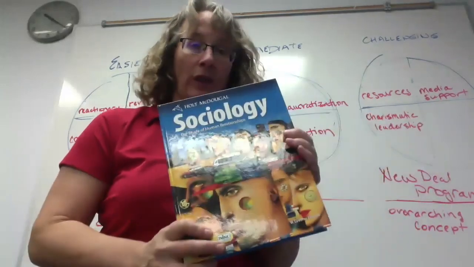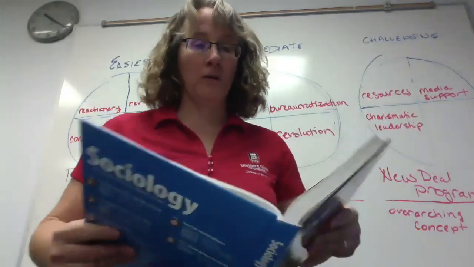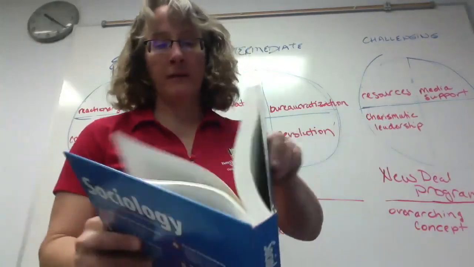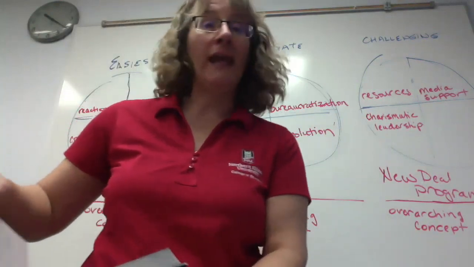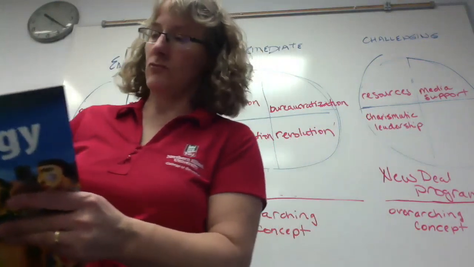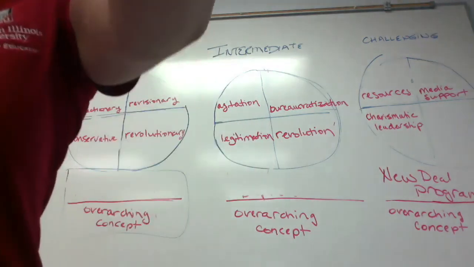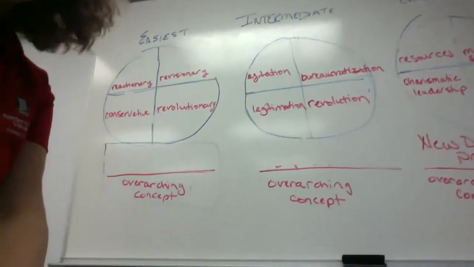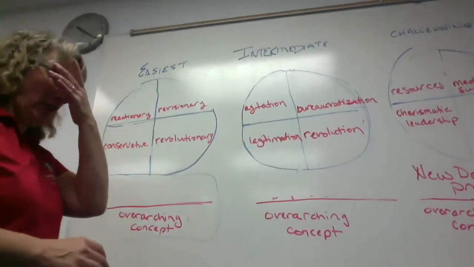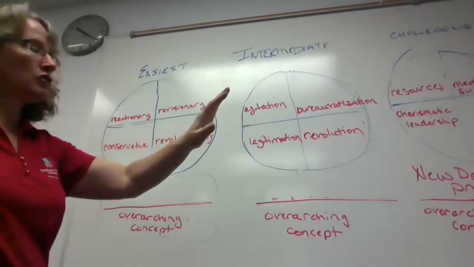This next example comes from a high school sociology text. And so the examples are coming from chapter 16, collective behavior and social change. Just FYI. All right. So we have three different categories: easiest, intermediate, and challenging.